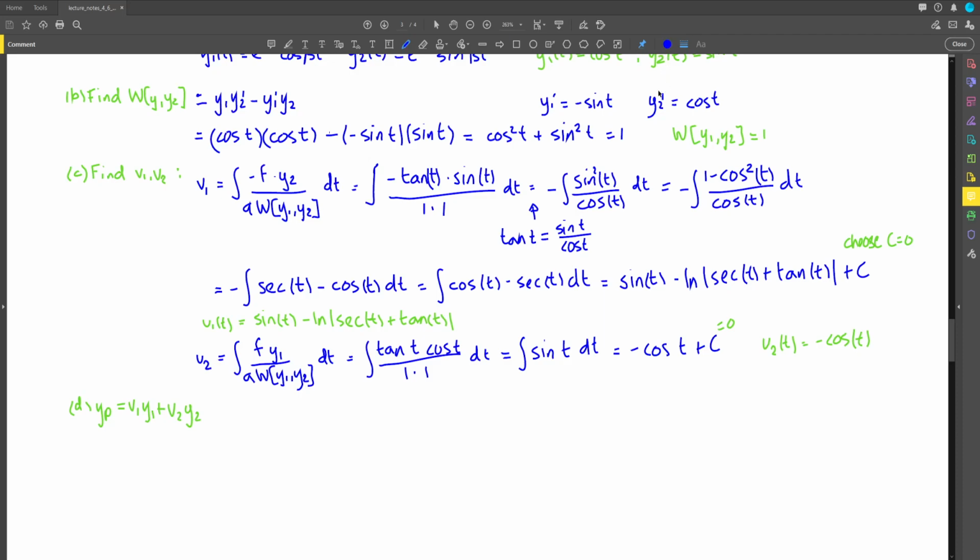So in our case, yp is v1, and v1 is this right here, so let's put that in between parentheses: sine of t minus ln of the secant of t plus the tangent of t.